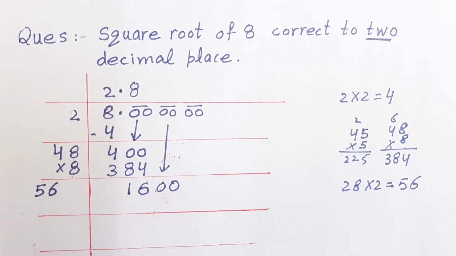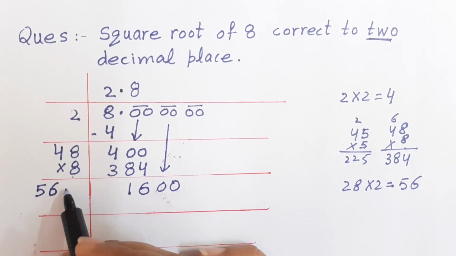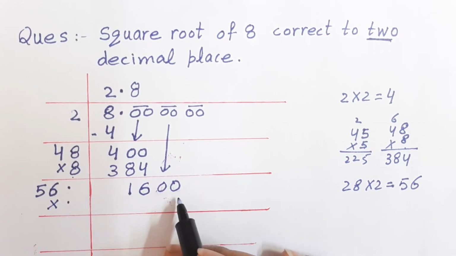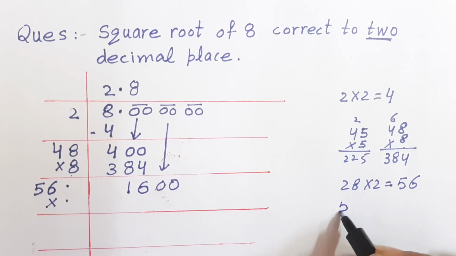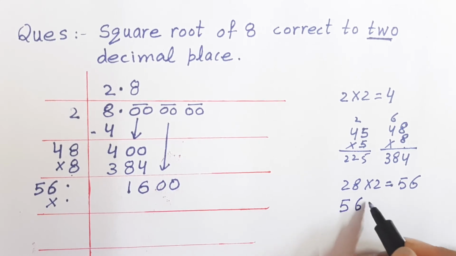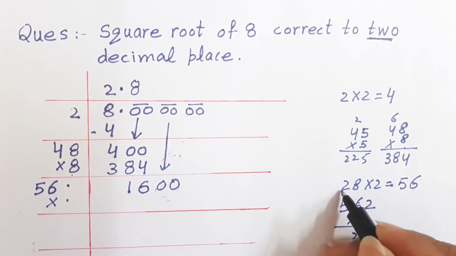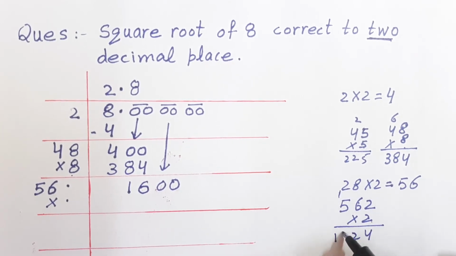Clear? Now, again, I am going to choose a number here so that I multiply with the same number and I come closer to 1600. Let's try with 2. 56, then we'll take 2 as a new number. So 2 2s are 4, 6 2s are 12, 5 2s are 10 and 11.